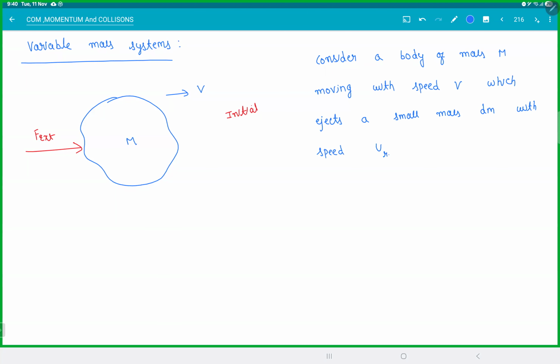Its speed is u relative to the body. Means with respect to the body, you are throwing with the speed u. Then when you throw this, it is like the man jumping from a plank problem. The mass of the system becomes m minus dm.